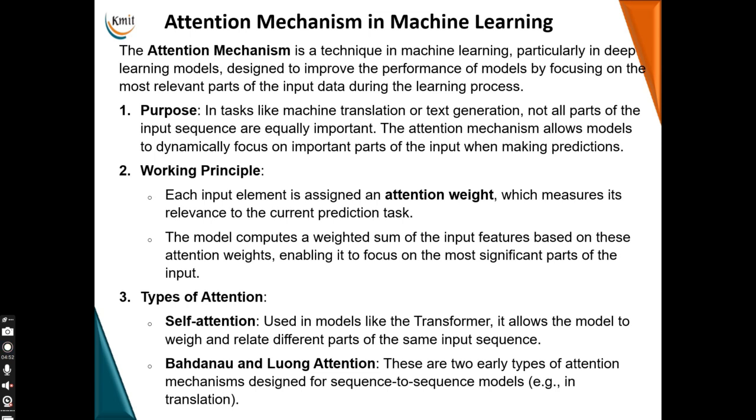What it will do is it will try to take the weights which are related to different parts of the same input sequence. We will see in detail what exactly is self-attention mechanism, and the next two attention mechanisms are early types of attention mechanisms which are specifically used in sequence-to-sequence models.